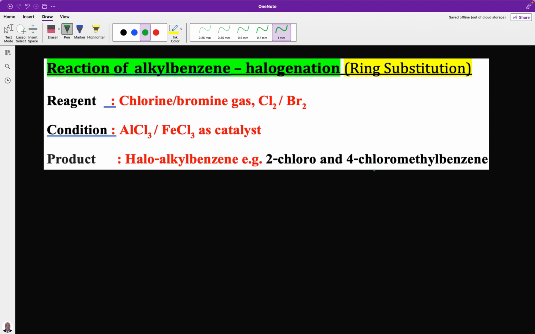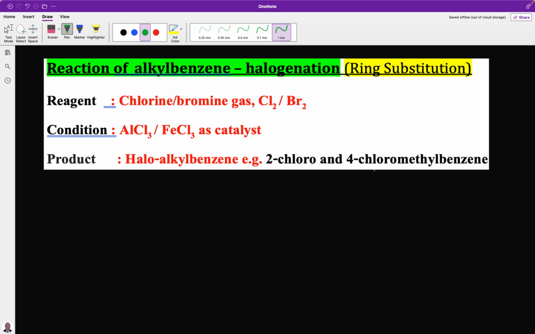The reagent for the reaction is any halogen, let me say chlorine or bromine gas. The condition is a halogen carrier. It could be aluminum chloride or iron 3 chloride that will be acting as a catalyst.